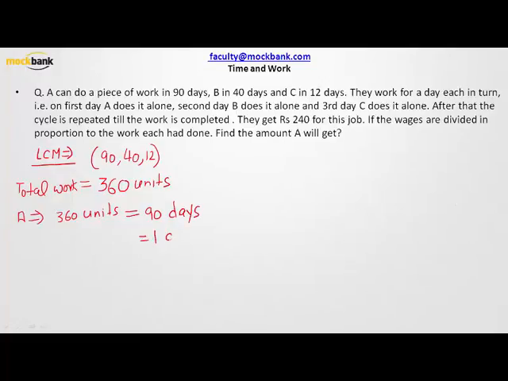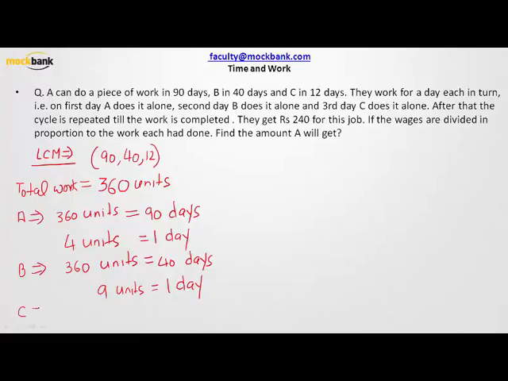So in a day, A would be able to finish 360 upon 90, that comes out as 4 units of work. And what about B? If B can do 360 units of work in 40 days, so in a single day, B would be able to finish 360 upon 40, that comes out as 9 units of work.